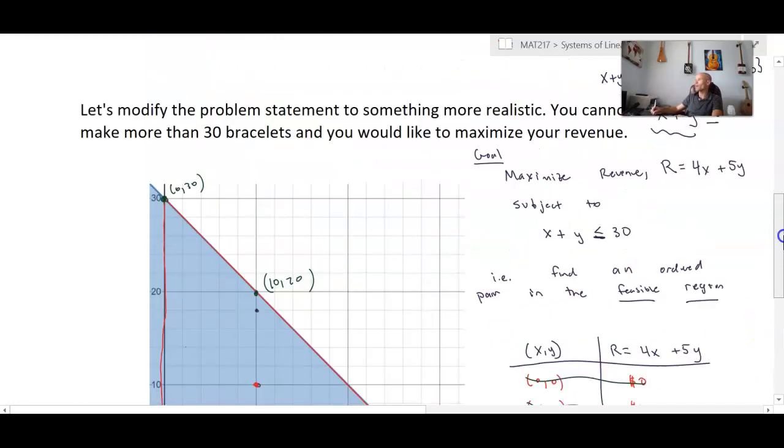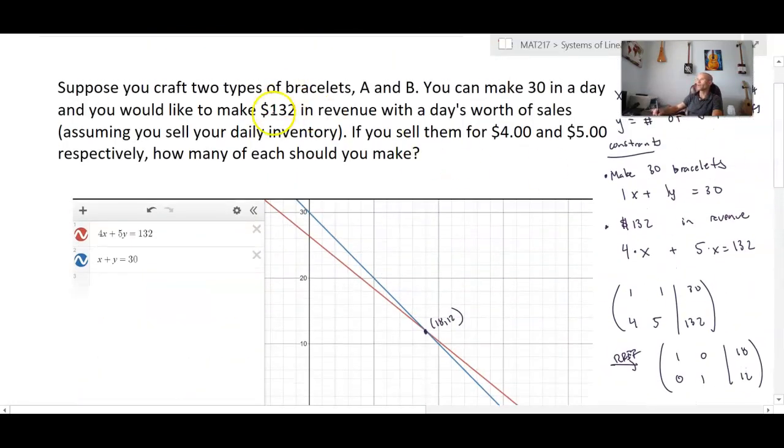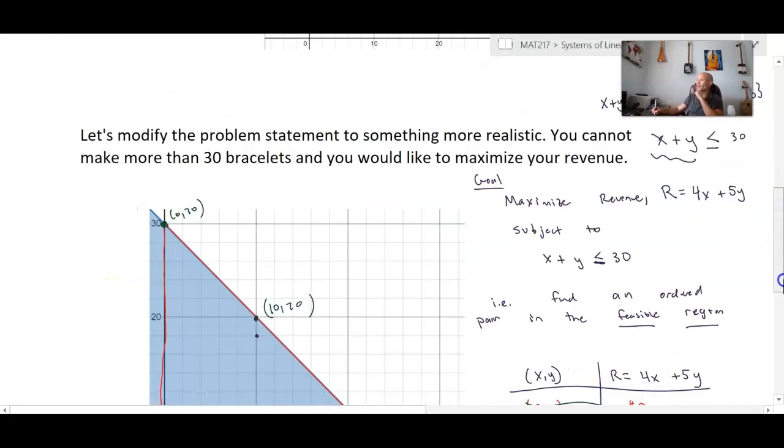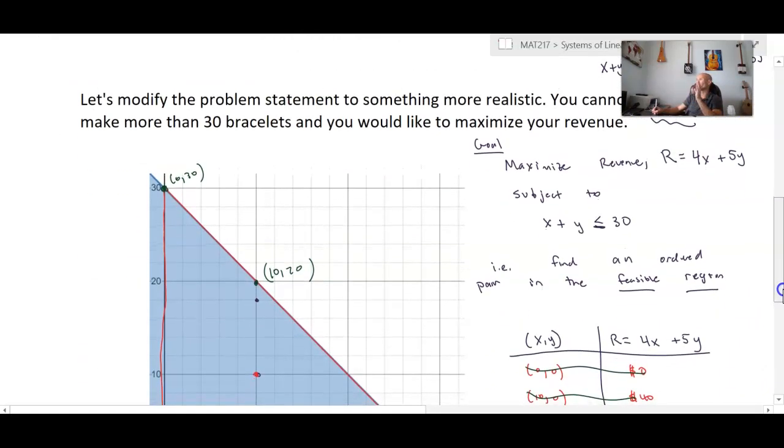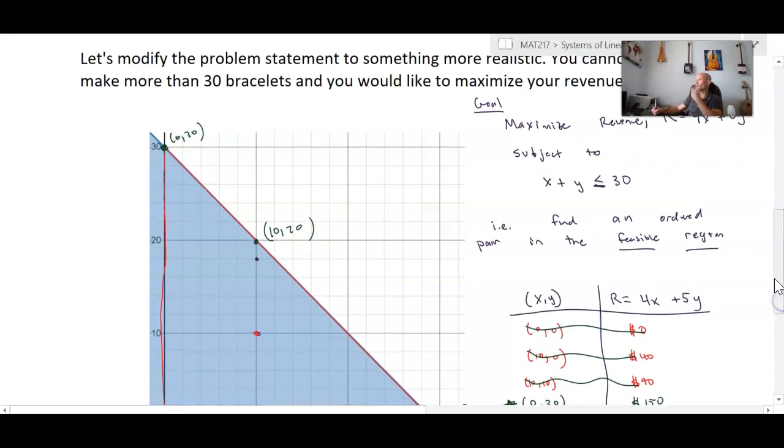You can see that that's better than what we did up here. Here we were able to achieve exactly $132, but that was because we wanted that exact revenue and we wanted to produce exactly 30 units. Here we said you can't produce more than 30 units, you can produce fewer, but figure out how many of each you should manufacture to make your revenue as large as possible.